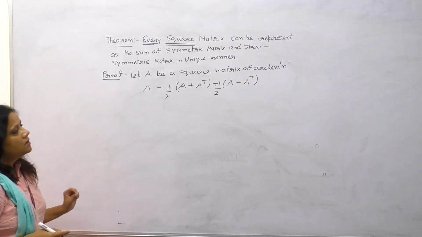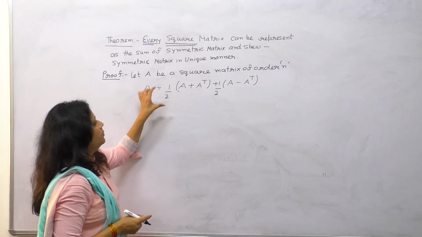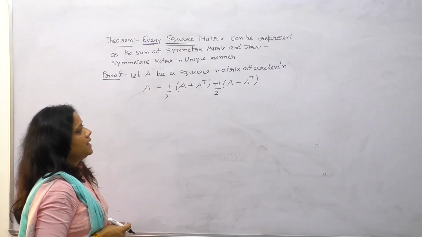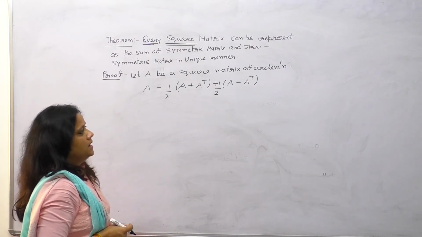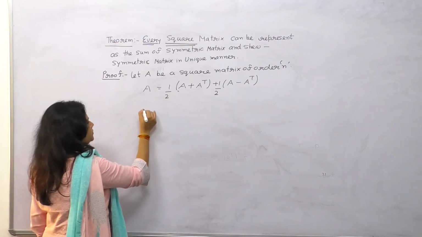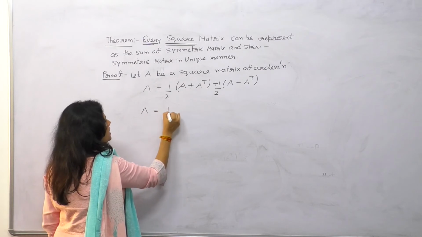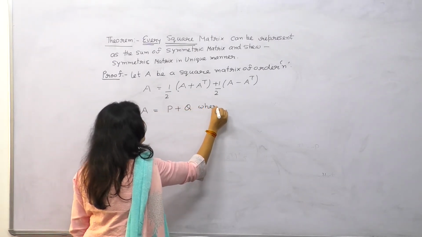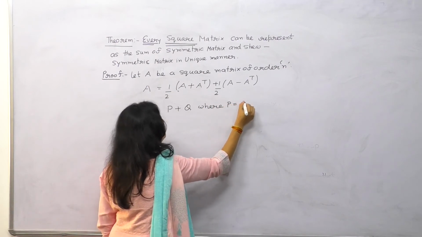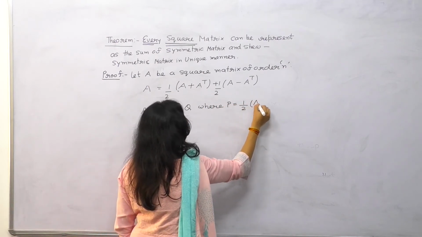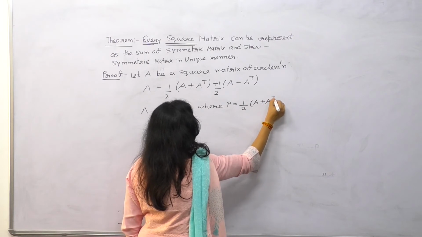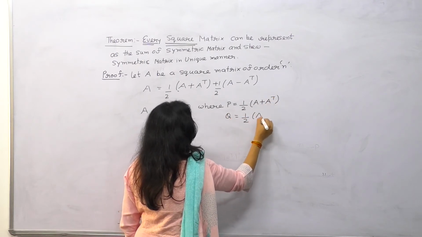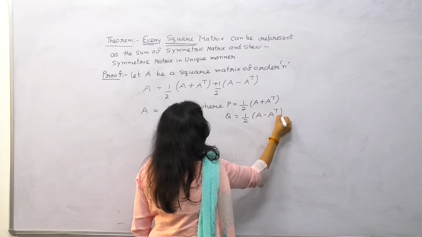Now we simplify. A can be written as half of A plus A transpose plus half of A minus A transpose, or this can be written as P plus Q, where P is equal to half of A plus A transpose and Q is equal to half of A minus A transpose.